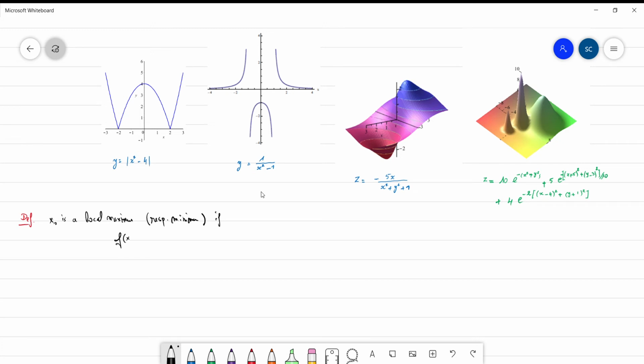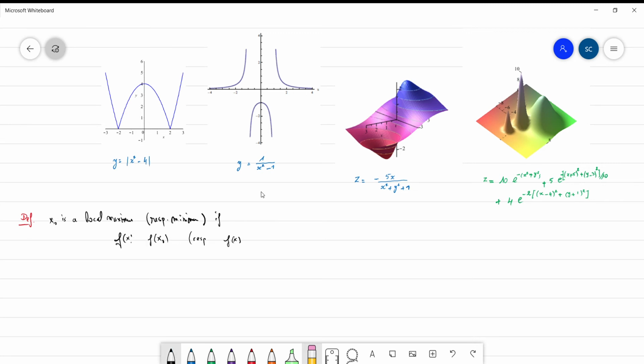So we need to have f(x) less than or equal to f(x0), which is the largest value. I made a mistake here, so let's correct it.